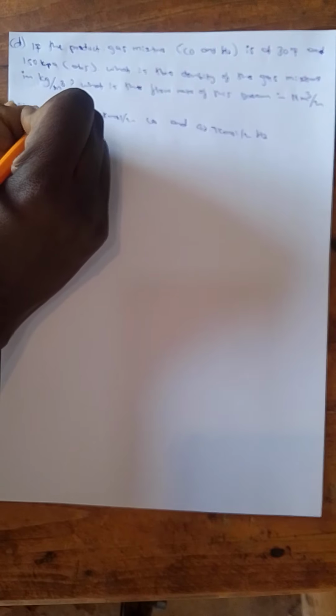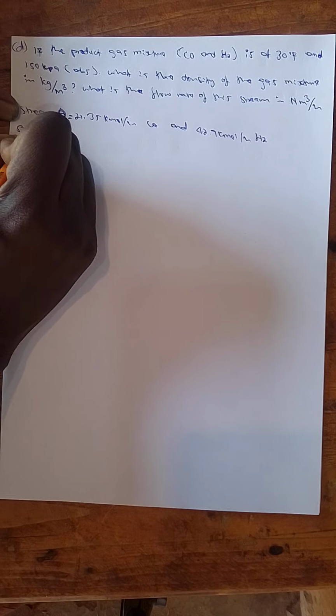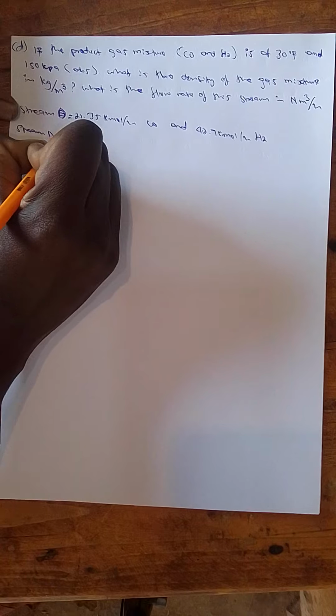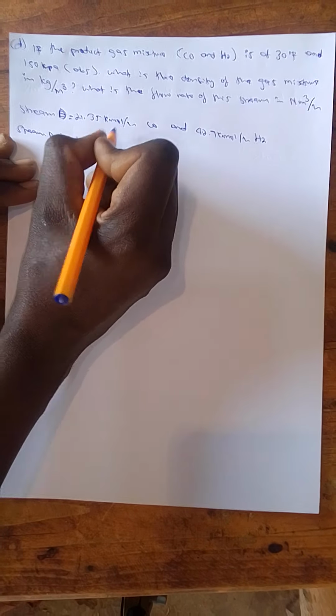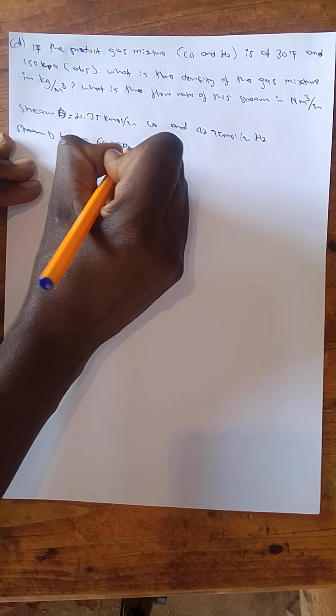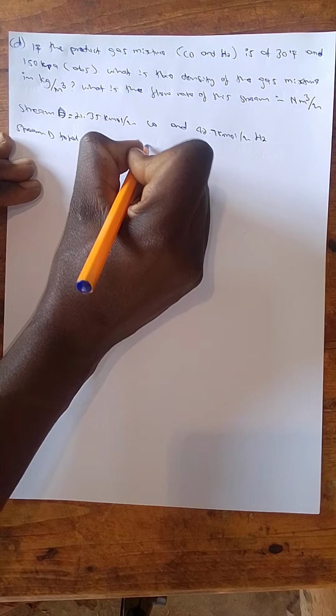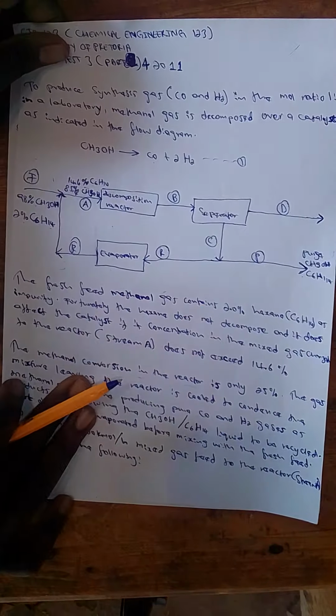So this is basically the composition of stream D, and we can say stream D total is equal to, if you use your calculator, 64.05 kilomole per hour. So now we know that the total of gas in here is 64.05 kilomole per hour.